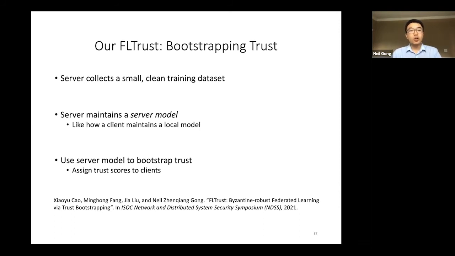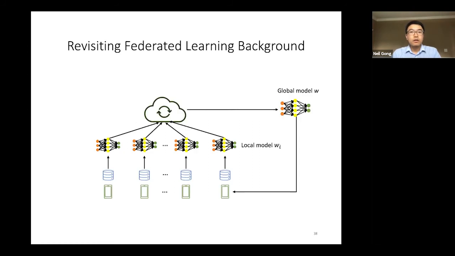Then the server uses the server model to bootstrap trust. Specifically, in each iteration, the server assigns trust scores to the clients based on the similarities between the client local models and the server model. And then the server considers these trust scores when aggregating the client local models into a global model. Recall that federated learning has 3 steps. In step 1, the server sends its current global model to the clients or a subset of them.